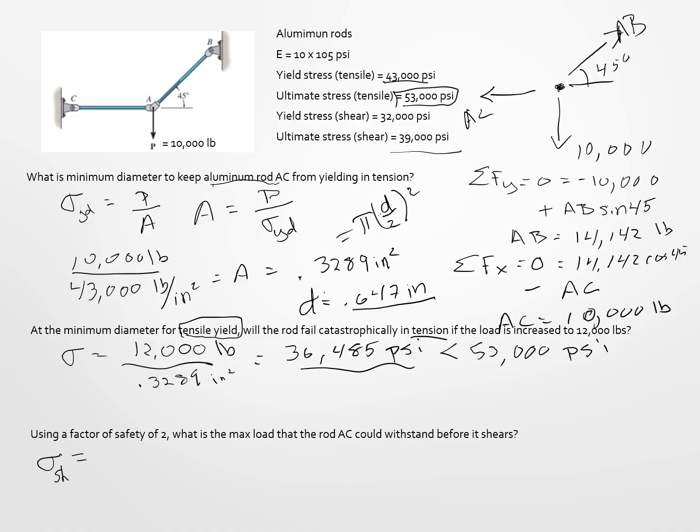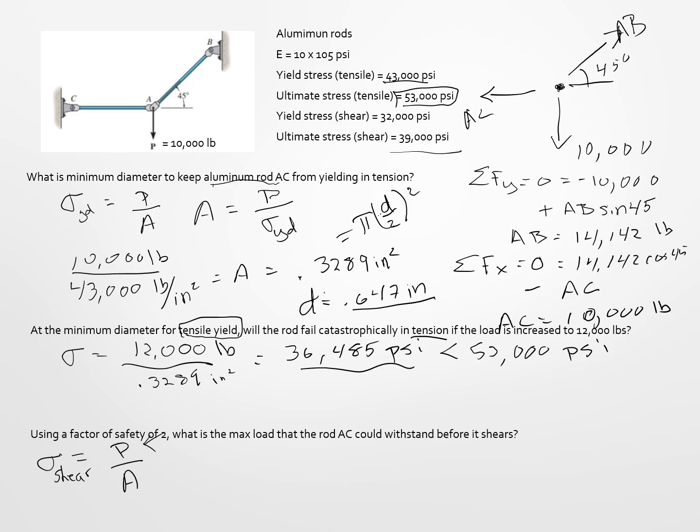The stress in shear is going to be the load divided by the cross-sectional area. So we want to calculate what is this load. We're going to assume that it's the same area, and we want to use a factor of safety of 2. So if we're using a factor of safety of 2, we want to essentially say we're only going to allow it to go up to half that strength.